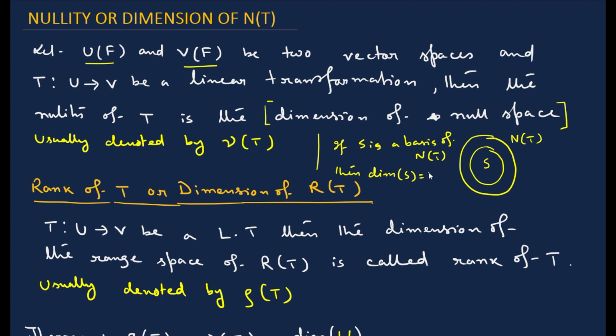Nullity. It is denoted by nu of T. So first we have to get a basis in N of T, and then we have to check what is the number of elements in S. So that number is called what? Nullity or dimension of N of T. So this is the simple definition, dimension of null space.